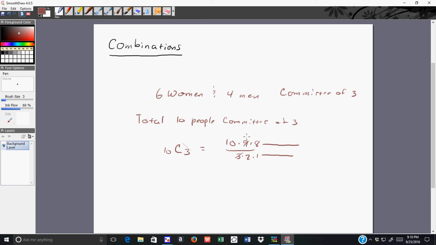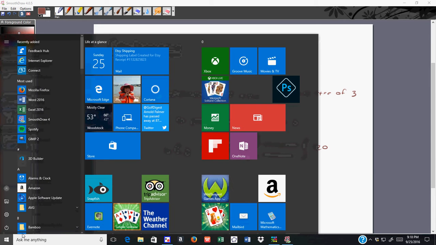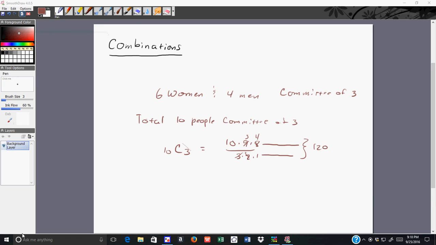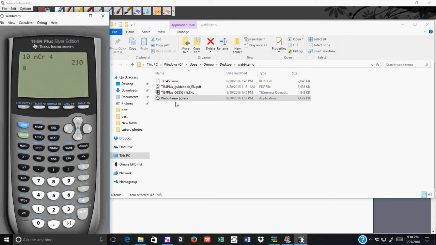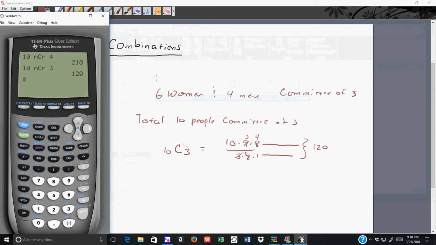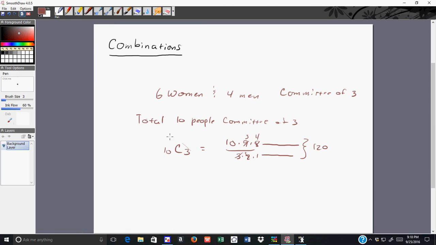So that gives me a 3, that gives me a 4, so it's going to be 120 ways, 120 different combinations. Let's see if I can just pull this up real quick. So 10 choose 3, and good, I was right. So there's 120 different combinations.